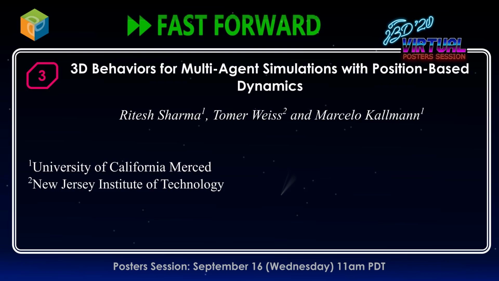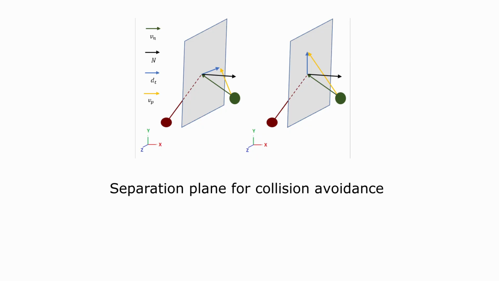Welcome to our poster, 3D Behaviors for Multi-Agent Simulations with Position-Based Dynamics. We propose to extend the existing 2D PBD-based crowd simulation approach to use separation planes for collision avoidance, using either preferred or algorithmically determined planes. On the right, the vector in blue shows the vertical collision avoidance and, on the left, the same vector shows horizontal collision avoidance.